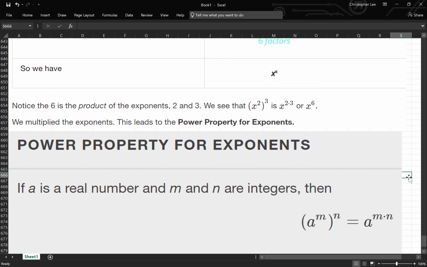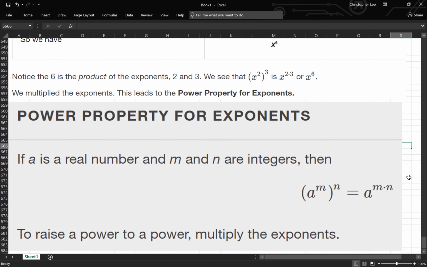The power property for exponents: if a is a real number and m and n are integers, then a to the m power, which is then raised to the n power, is equal to a to the m times n power. So long story short, whenever you raise a power to a power, you multiply the exponents. Make sense? All right, let's keep it moving.